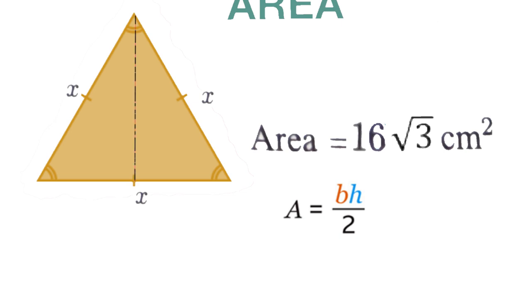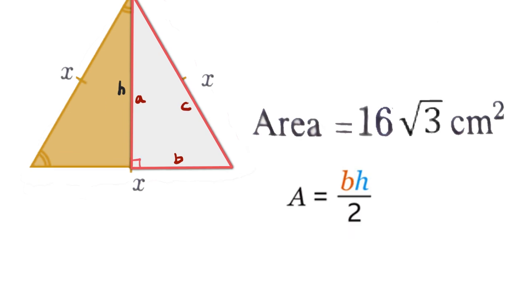And so the height of the triangle is this dotted line over here, which can only be found by using the Pythagoras theorem. So we can find h by using this triangle over here, because this triangle has a right angle here. So we'll name this triangle A, B, and C. And the Pythagoras theorem says that c squared is equal to a squared plus b squared.